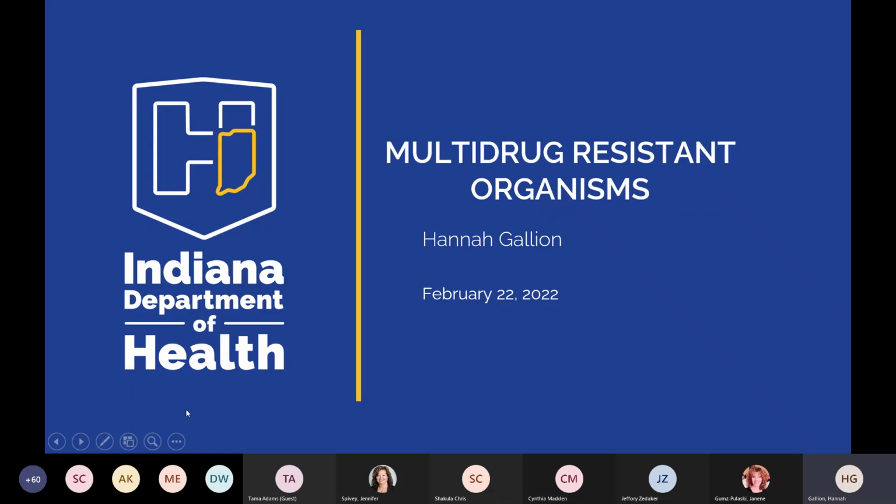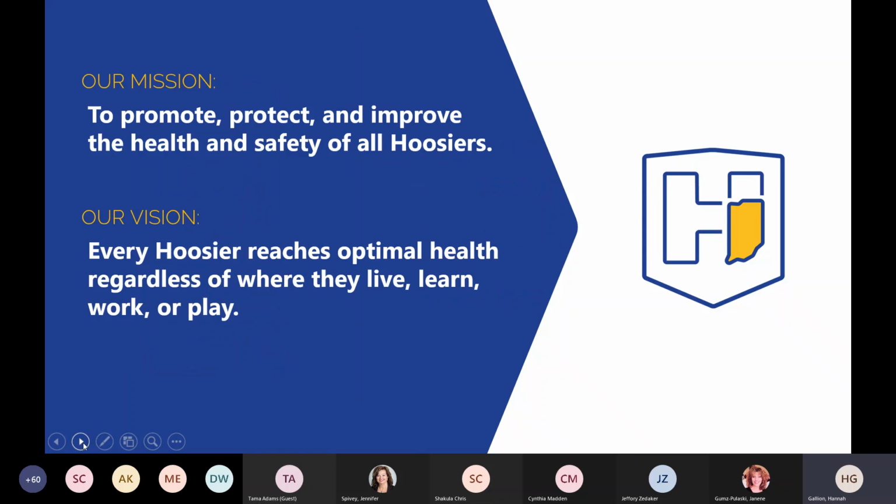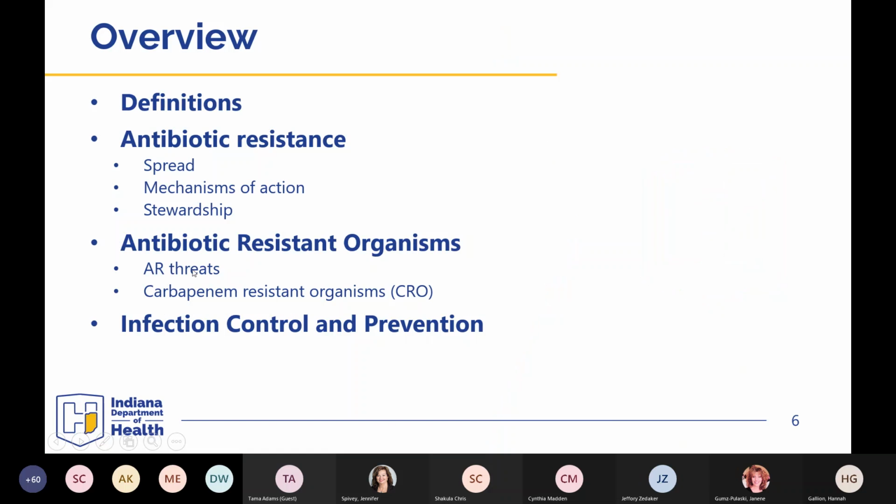With that, we will go ahead and get into today's topic of multi-drug resistant organisms. This first slide is just to show you our mission and vision here at IDOH. Today, we're going to go through a few definitions related to multi-drug resistant organisms, or MDROs.